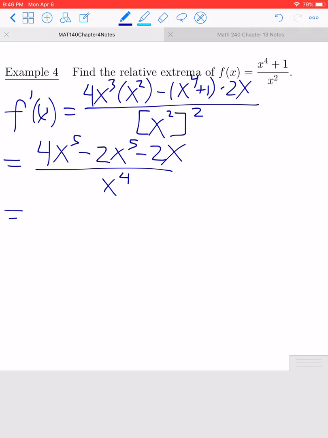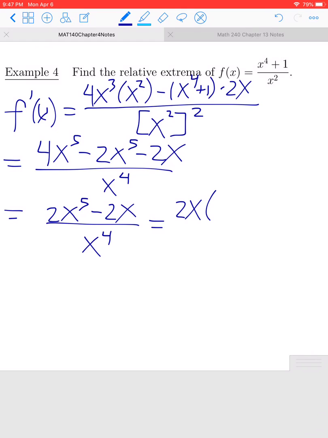This is equal to 2x to the fifth minus 2x all divided by x to the fourth. And we can do a little bit more. Let's factor this. The numerator has a common factor of 2x we can pull out.